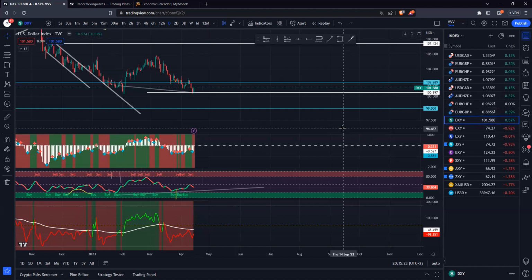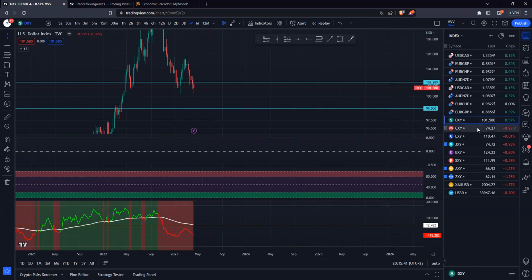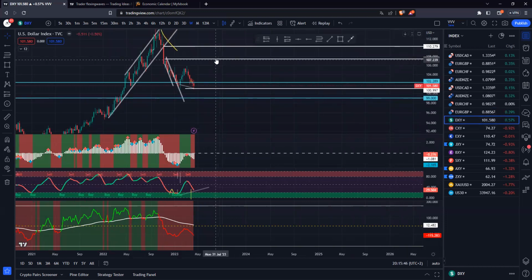But when the dollar is stronger, the rest of the currencies are weaker, right? And that's also what we're witnessing in the market. Okay, so this is for next week. Here are the targets as well.